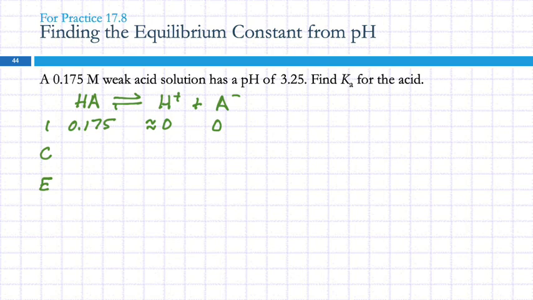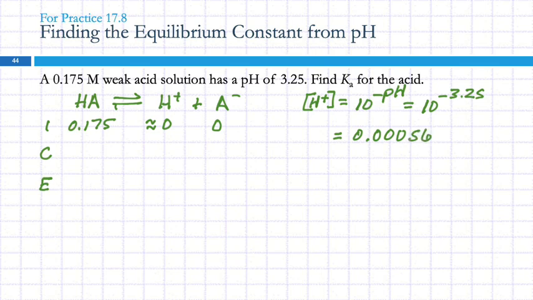The concentration of the hydrogen ion at equilibrium, that value down here. So the hydrogen ion concentration is equal to 10 raised to the negative pH. So that's 10 to the negative 3.25. So that needs 2 significant figures. I'm going to write down 2 more.